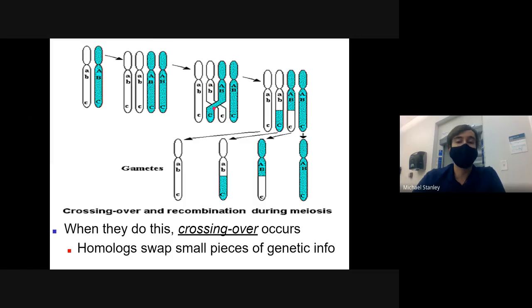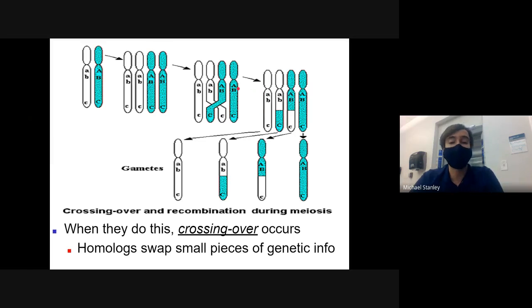But sometimes the ones that are next to each other can accidentally cross over their DNA strands. It's almost like the DNA gets tangled a little bit, and then when it gets straightened out, they've swapped segments. We won't go super into detail about exactly how this works. It has to do with like the DNA strands themselves mismatching on either side.